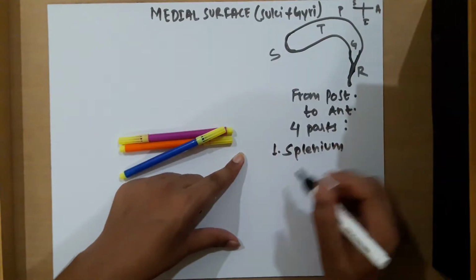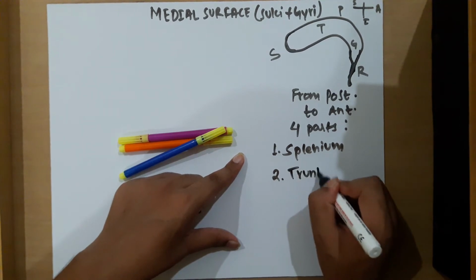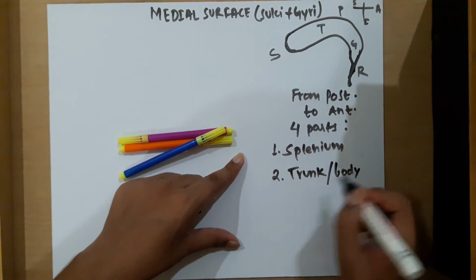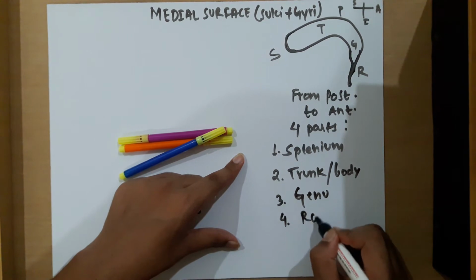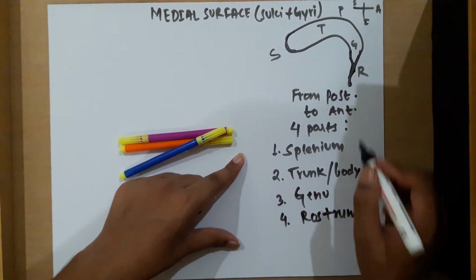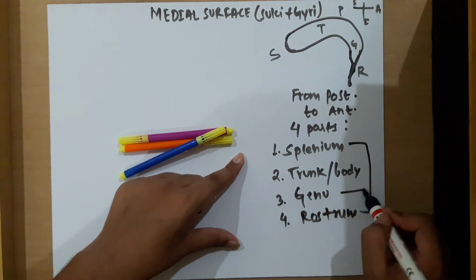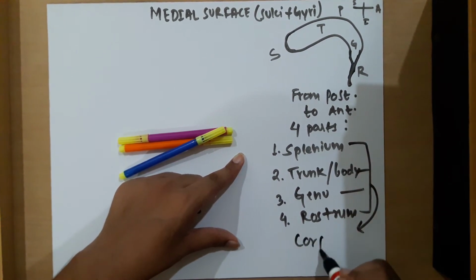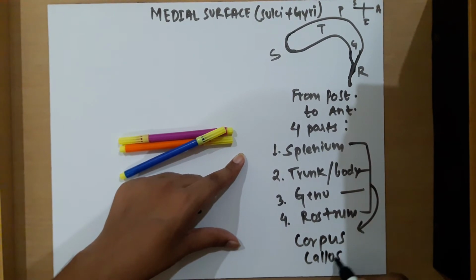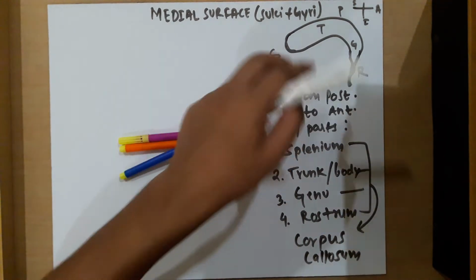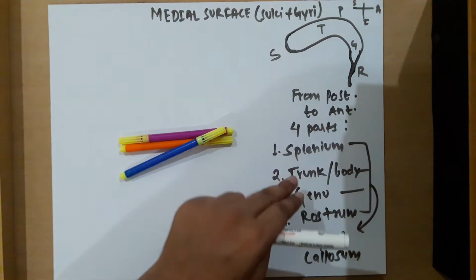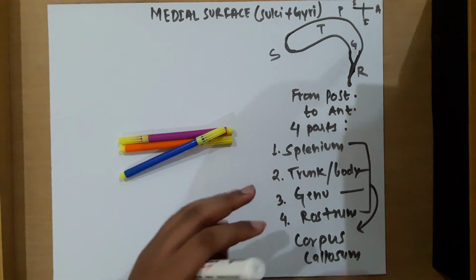So from the posterior to the anterior end it is splenium, trunk or body, genu, rostrum. These are the parts of the corpus callosum, and we should have this little knowledge before discussing the sulci and gyri.